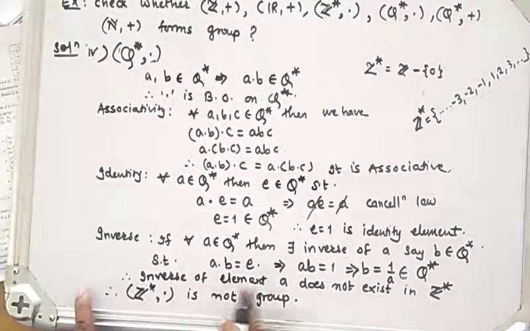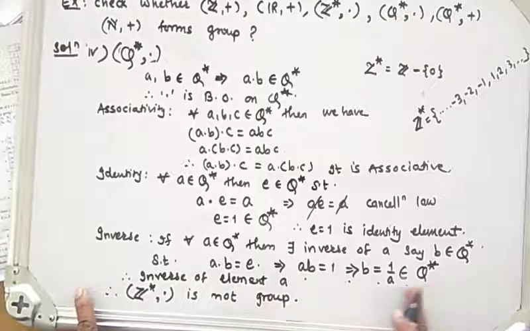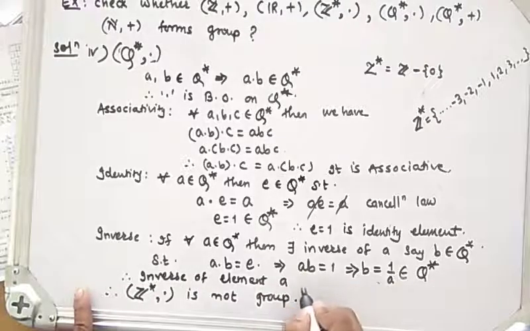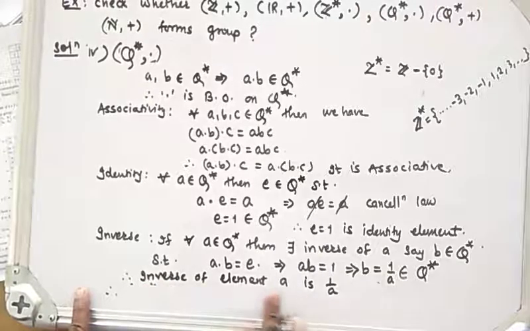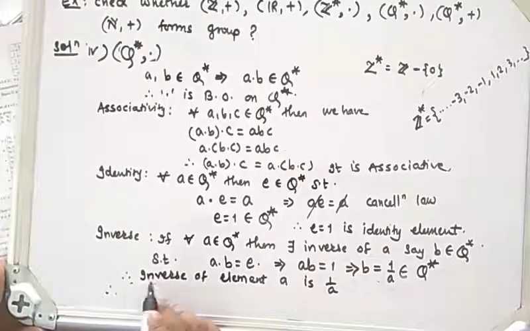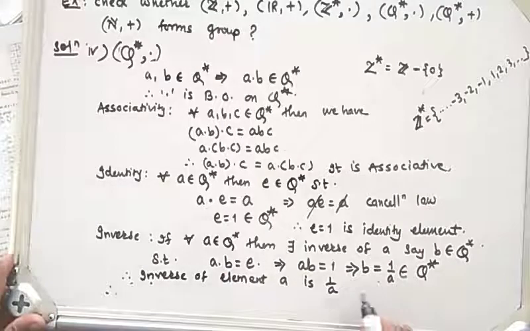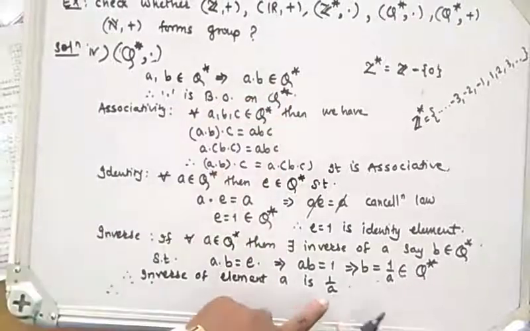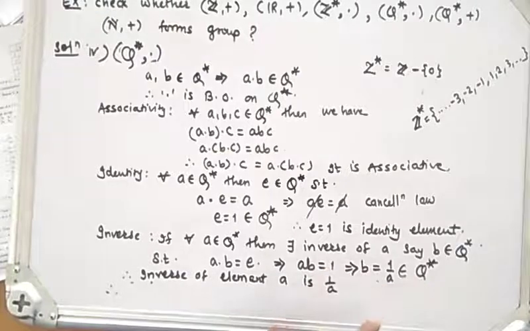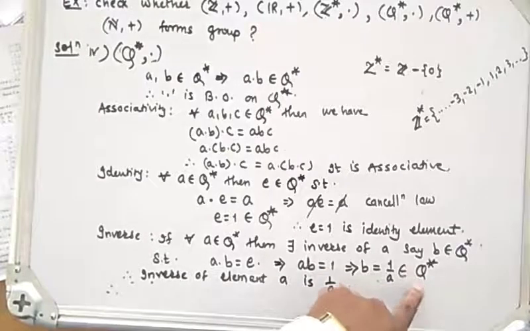Therefore the inverse of element a is 1 upon a. So we say that all three properties are satisfied. If I take any a which belongs to Q star, then 1 upon a also belongs to Q star, because 0 does not belong to Q star.